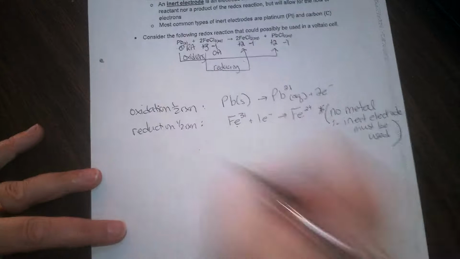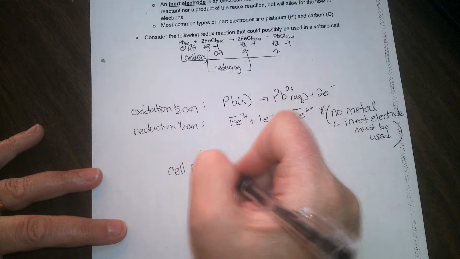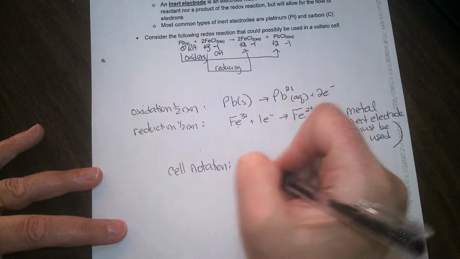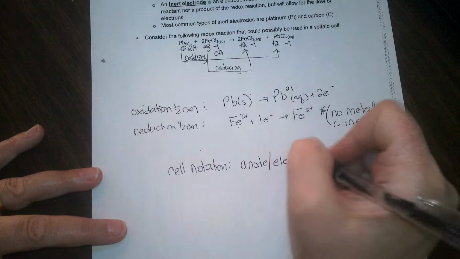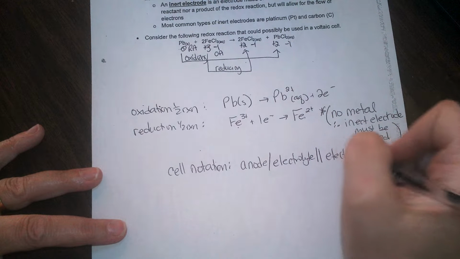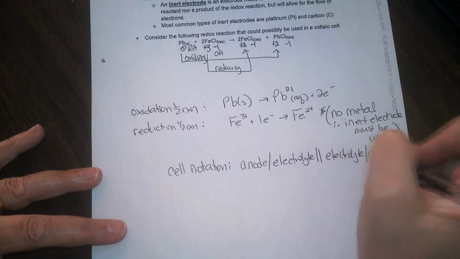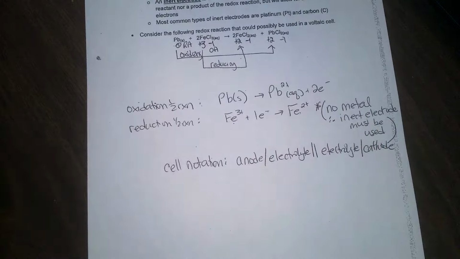So when we do cell notation, we go anode, electrolyte, salt bridge, electrolyte, cathode. Always. Never changes. Doesn't matter what we're doing, it never changes.